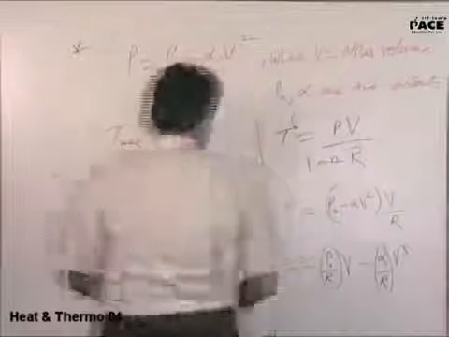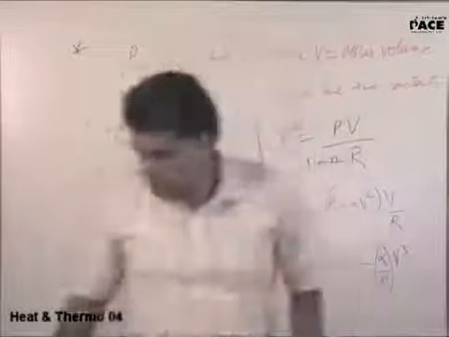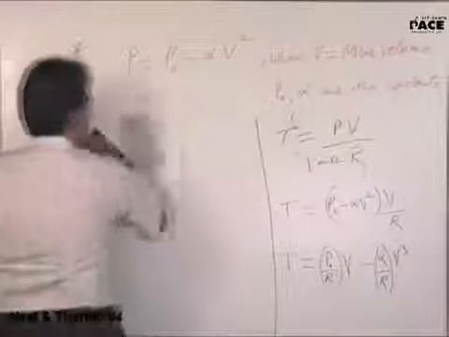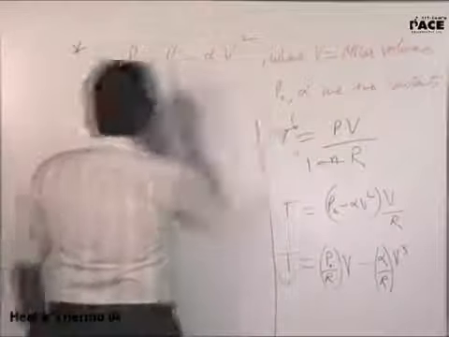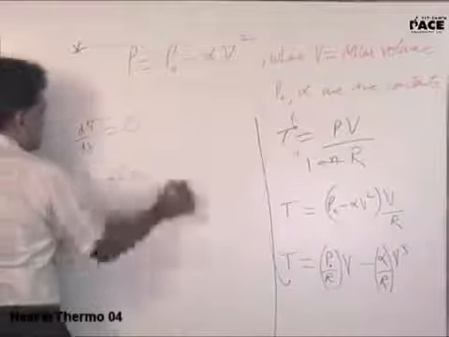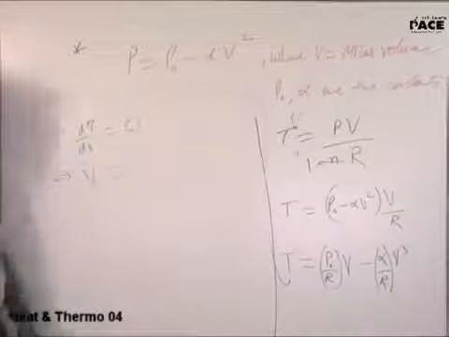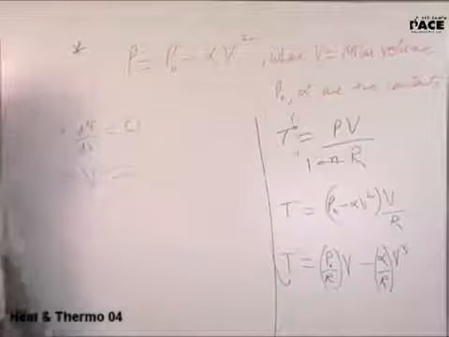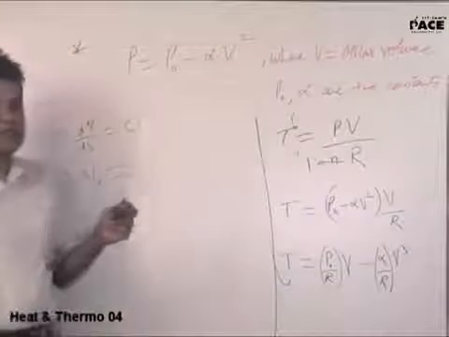We differentiate that. So when you differentiate it and put it equal to 0, what do we get? Yeah, so you're doing it dT by dV equals 0. What's the volume that you get? And how do you know it is maxima?